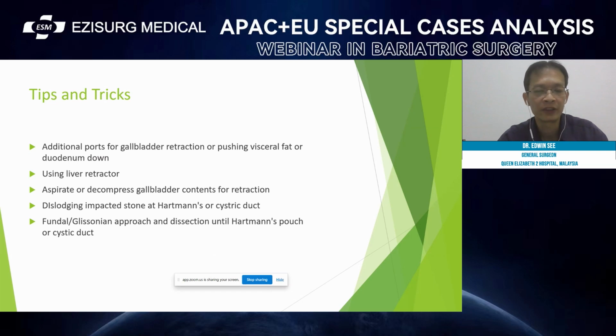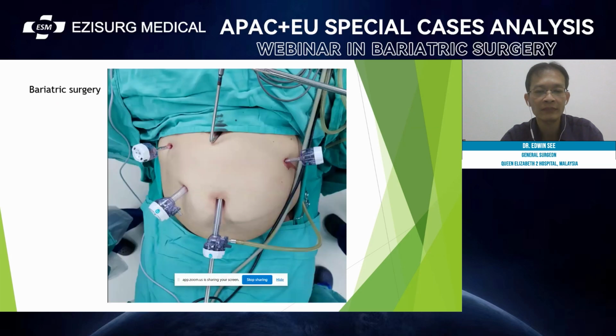If the gallbladder is very distended, you can aspirate or decompress it so that it's easier for retraction. There are times where the stone is impacted at the Hartmann's pouch or cystic duct, and this can be dislodged to make the dissection easier. And finally, again, if the dissection is difficult, then the fundal approach is used until the Hartmann's pouch or cystic duct is reached.